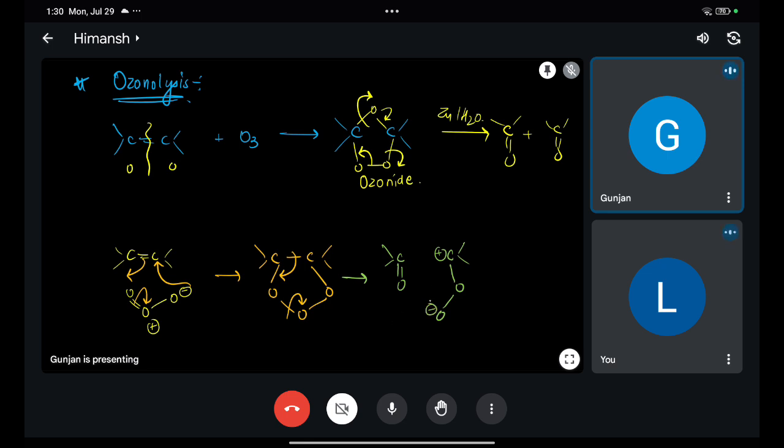Now what again happens is, this carbon is having positive, no?